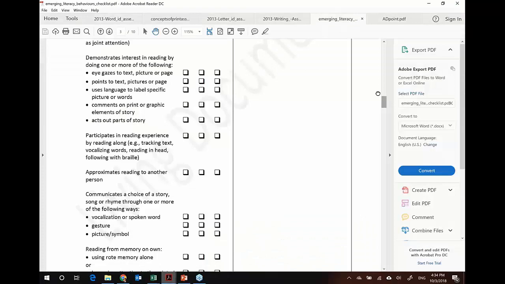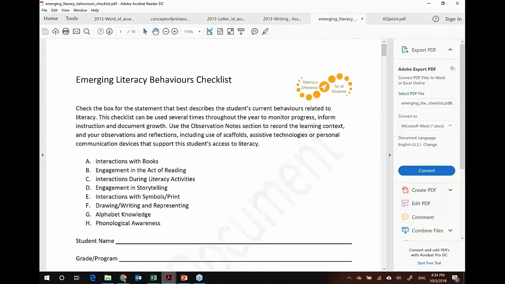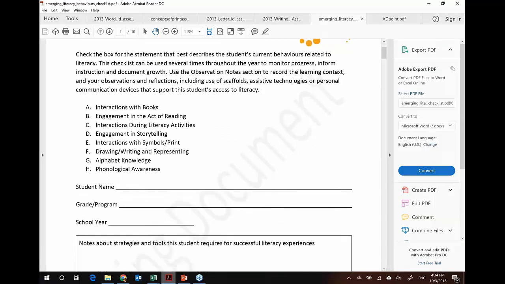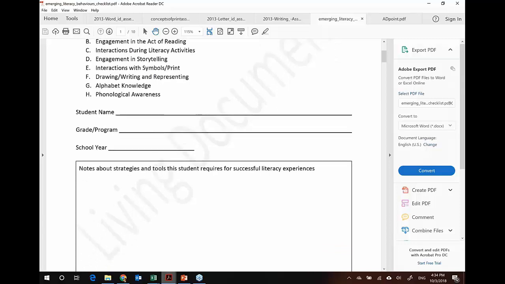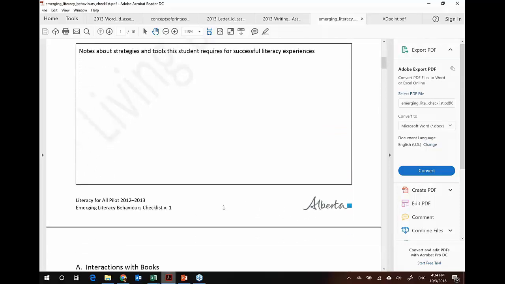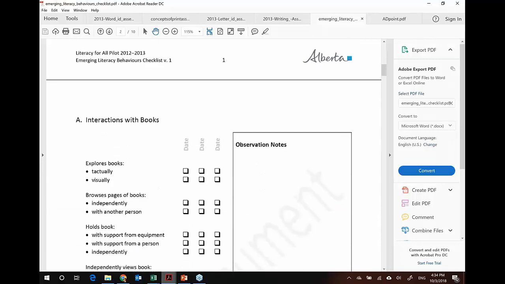So there are 10 pages to this document, and it starts with explaining how you're going to use this. We're going to document information about your students' understanding of their interactions with books, engagement in the act of reading, interaction during literacy activities, their engagement in storytelling, and so on. Each student who is at the emergent literacy level will have their own one of these.